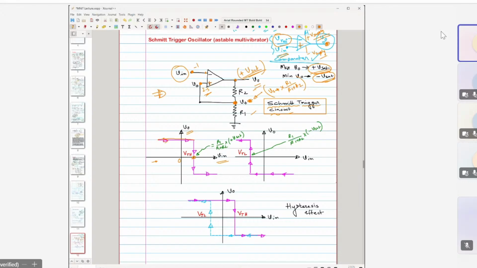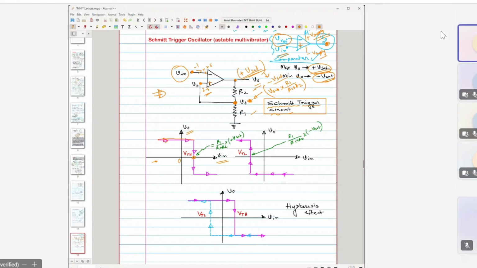Just for an example, if this is 2.5, then until it crosses 2.5, it will sustain this plus V sat. Once it crosses this 2.5, immediately, remember, the negative terminal potential is now higher, so the output voltage goes from plus V sat to minus V sat all of a sudden, right?